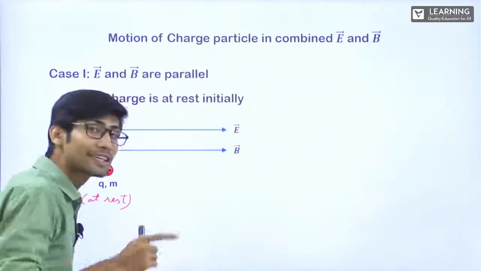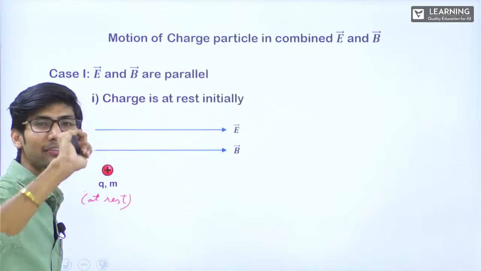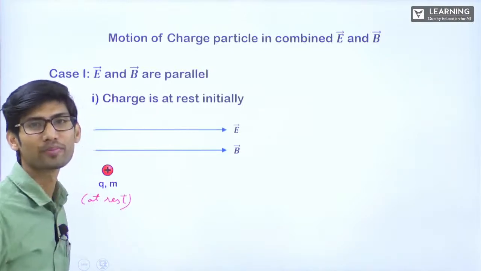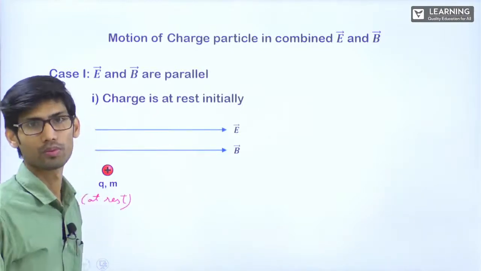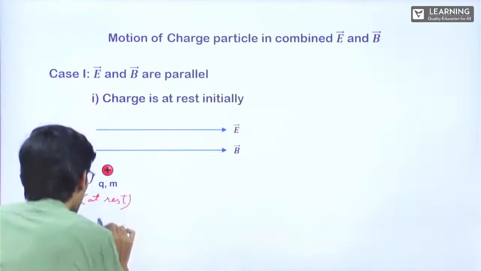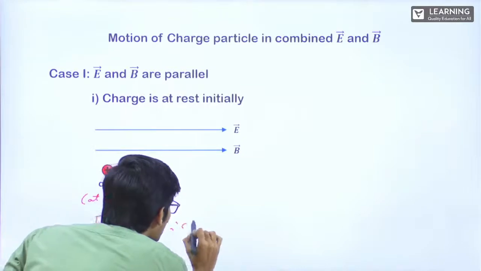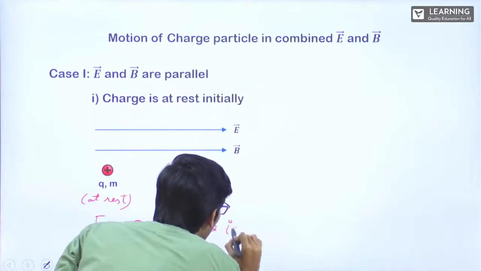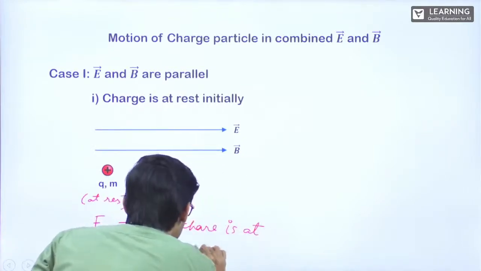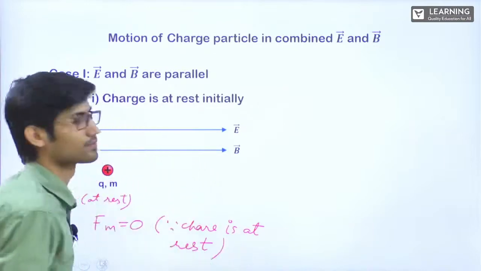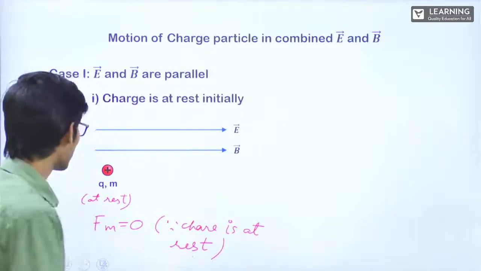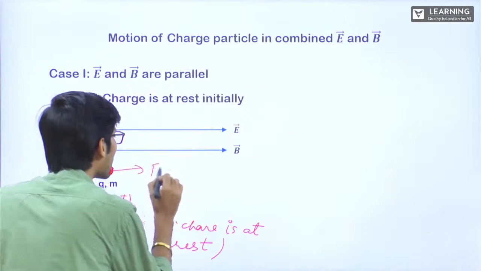When the charge is at rest, the magnetic force on that charge is 0, right? Here, Fm is equal to 0 since the charge is at rest. Clear?